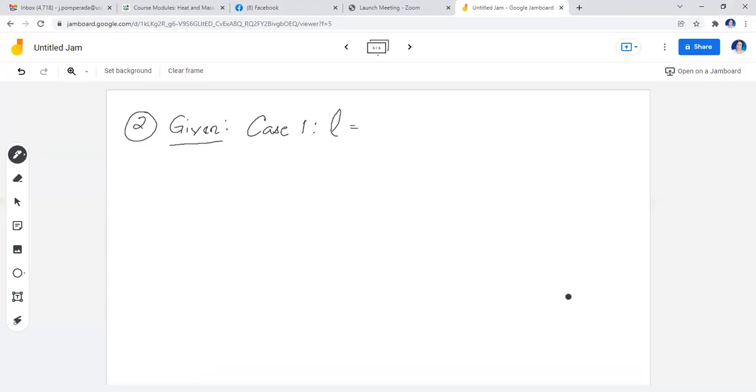So your L here for case 1 is 10 mm. So this thick, initial moisture content of 28%. So I'd like to write 0.28. Final moisture content of 0.13. A drying time of 25 kiloseconds.